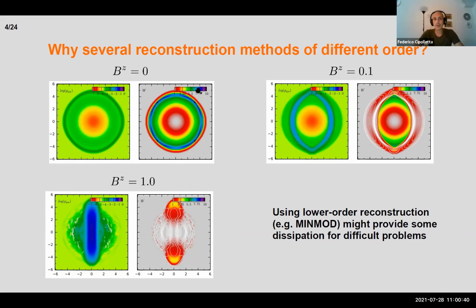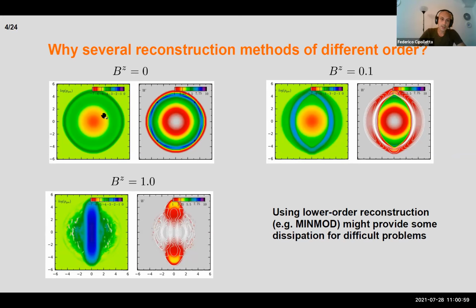And here we have a test that we presented in the first paper showing the results of a spherical explosion test. This is a very challenging test in 3D that considers a high density sphere that is exploding in a low density surrounding.